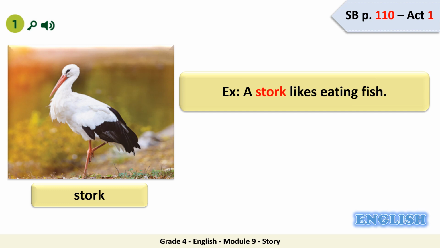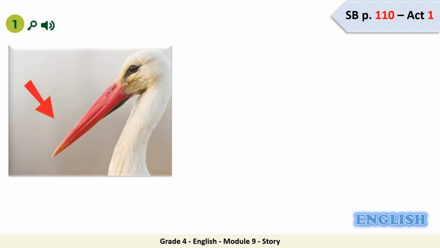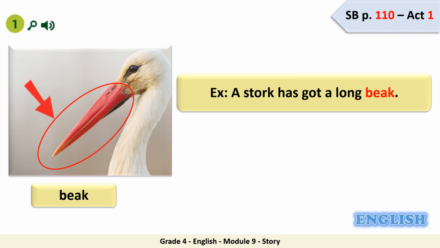And here, the word stork is a noun. And have a look on this stork here. What is it? Excellent! Beak. For example, a stork has got a long beak. And here, the word beak is a noun.